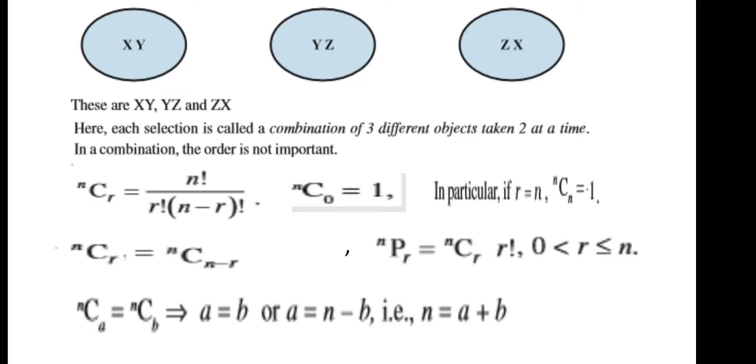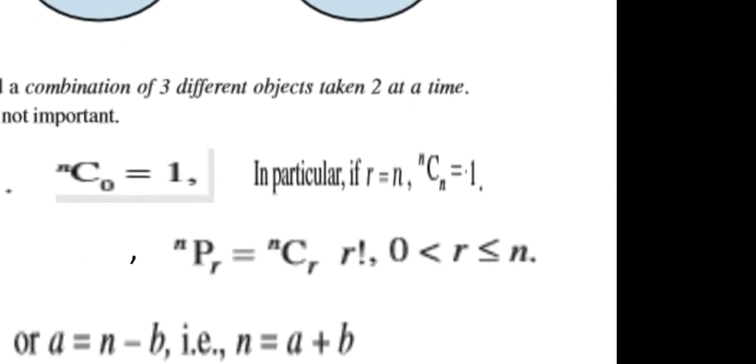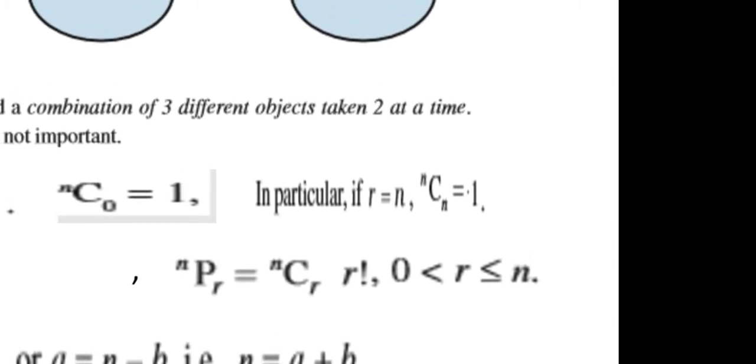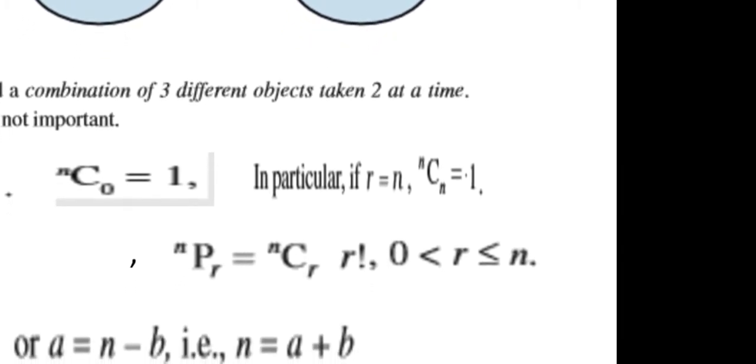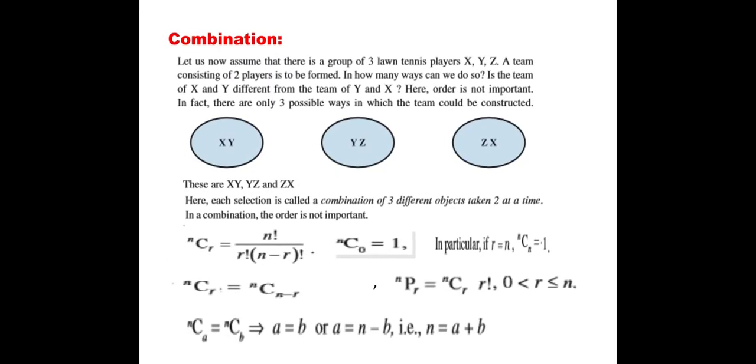The relation between permutation and combination is nPr equals nCr into factorial r, where 0 less than r less than or equal to n. So this is the relation between permutation and combination of n things taken r at a time.